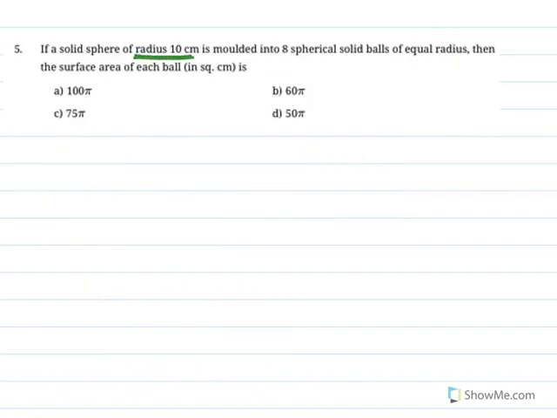If a solid sphere of radius 10 centimeters is molded into 8 spherical solid balls of equal radius, then the surface area of each ball.